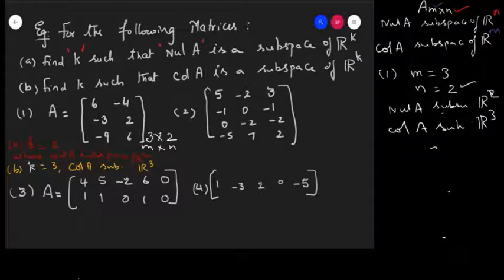Now let us look at the second question. What is this order? It has 4 rows and 3 columns. So my A bit answer will be here: this is m and this is n. What is null A? Null A is a subspace of Rn.